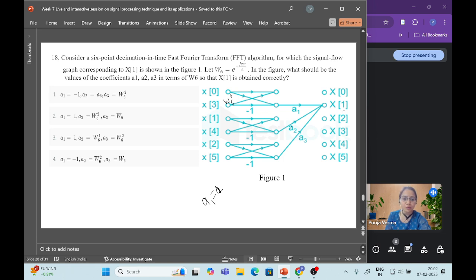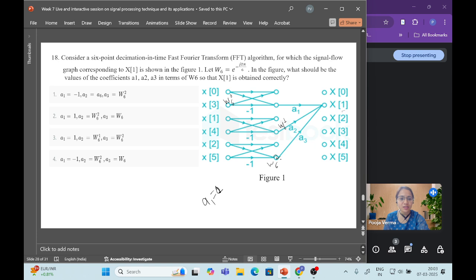Similarly, what will be the value of a2? This one sum and this one sum, and a2 will be W6 multiplied, W6^1. Here W6^0, W6^1 and W6^2, because here there are only 2 stages.